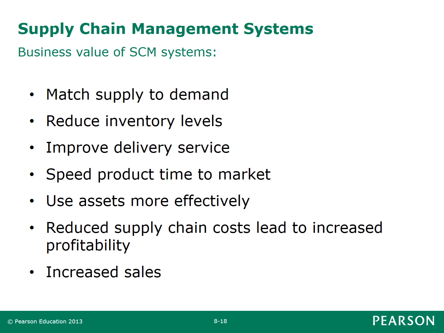Business value of supply chain management systems can be seen as follows. First of all, to match supply to demand in order to achieve reduction of inventory levels, and to improve delivery service in order to get customer loyalty, and to speed up the time from production to the market, and using assets of an organization more effectively.